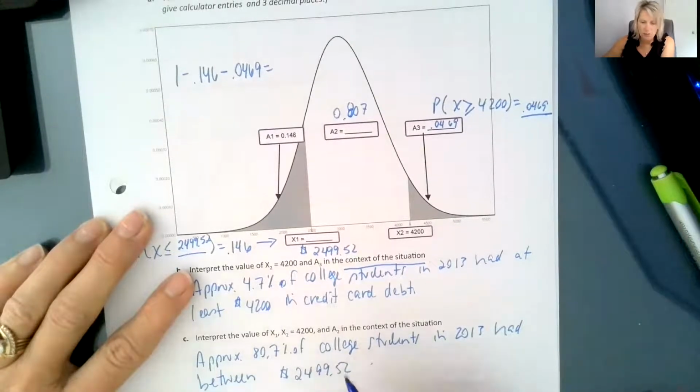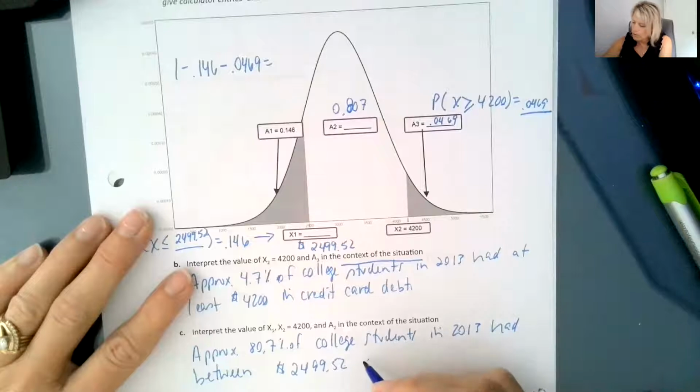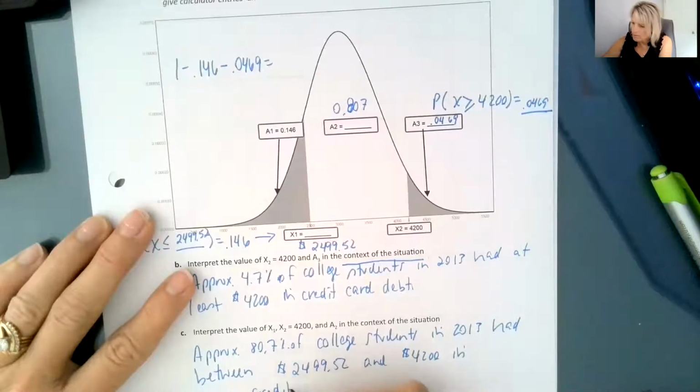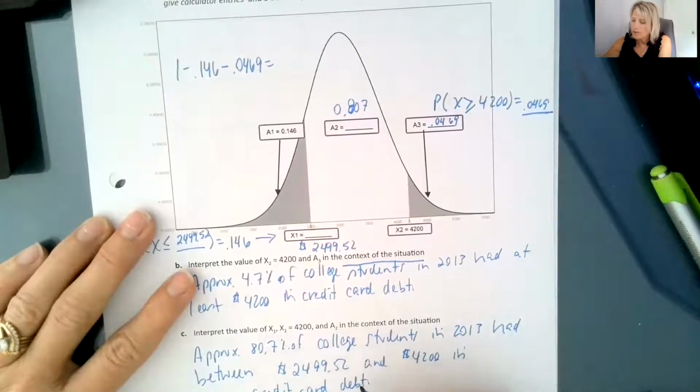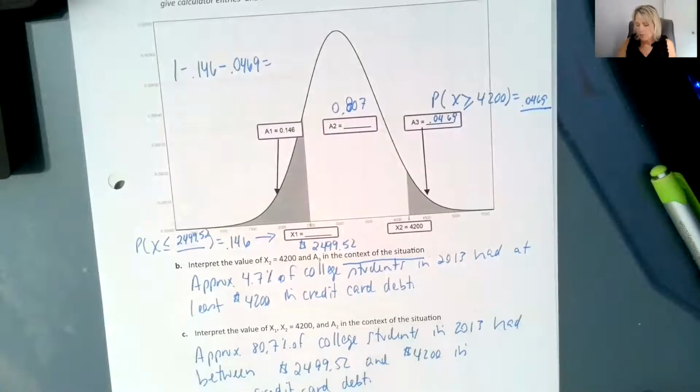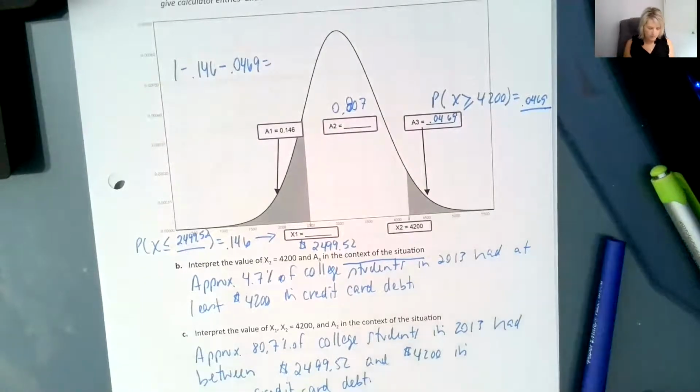So we could have rounded that to 2,500. So between about 2,500 and 4,200 in credit card debt. That's what they charge annually. So not necessarily debt sitting on their credit card, but that's about how much they charged overall throughout the year.